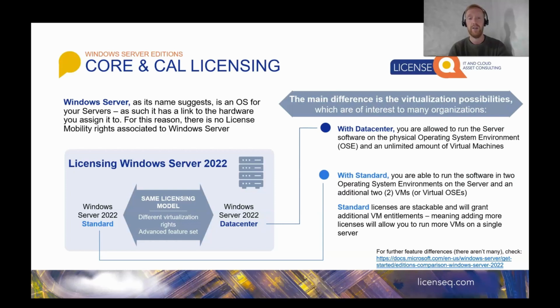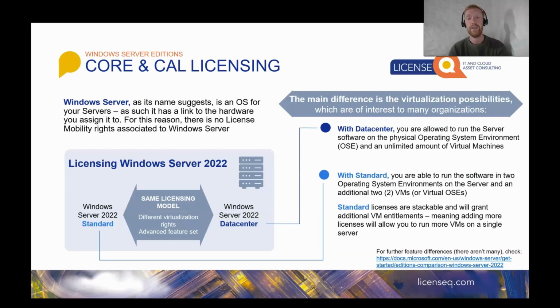Now, looking at the main difference between the Standard and the Datacenter edition, and that is the virtualization possibilities. And this is very interesting for many organizations, because many organizations that still run their own data center and use Windows Server probably have some sort of virtualization in their organization.